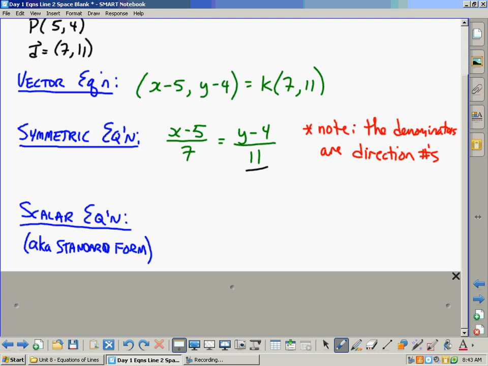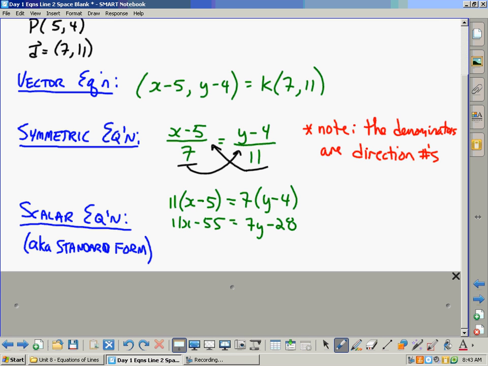So you see how we've got divided by 11 here. I'm going to bring it up here and multiply. And divided by 7 here, and I'm going to bring it up and multiply up there. So if we actually do that operation, we take the 11 and multiply it by x minus 5. That's going to be equal to the 7, which goes up and multiplies by y minus 4. Actually do that multiplication. We get 11x minus 55 equals 7y minus 28.